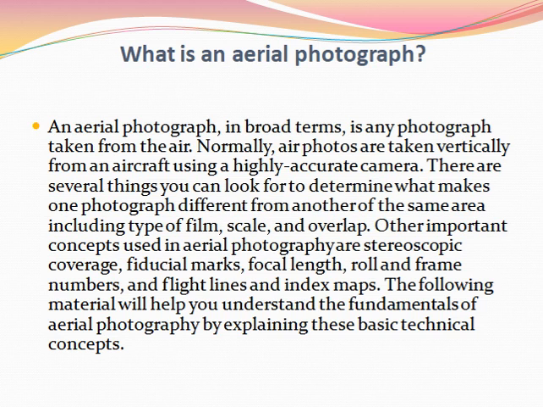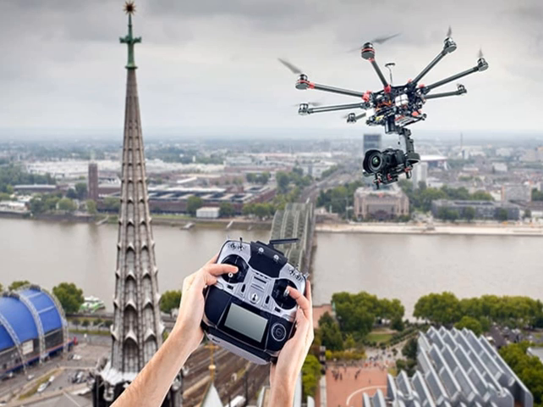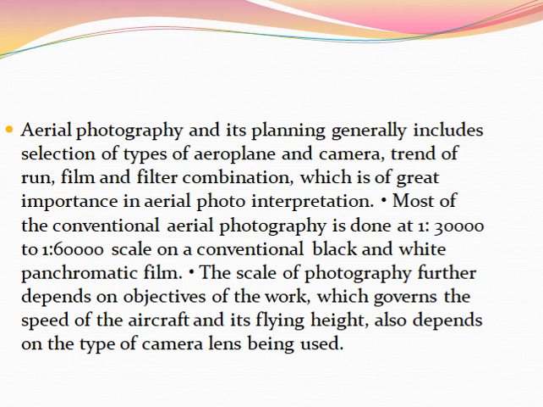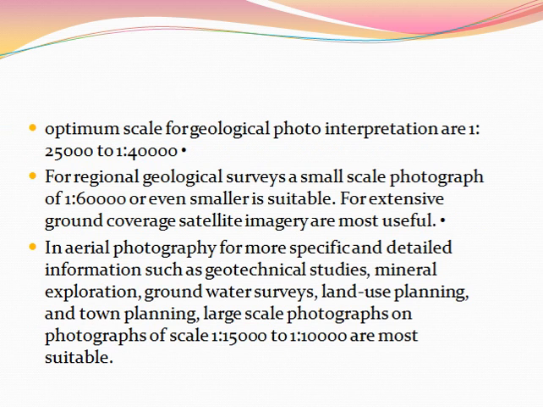Landforms, vegetation, land use, roads and tracks can be directly seen in aerial photography. Soil properties, geology and other land properties require indirect interpretation in aerial photography. The scale of map used is 1 is to 10,000 to 1 is to 50,000.